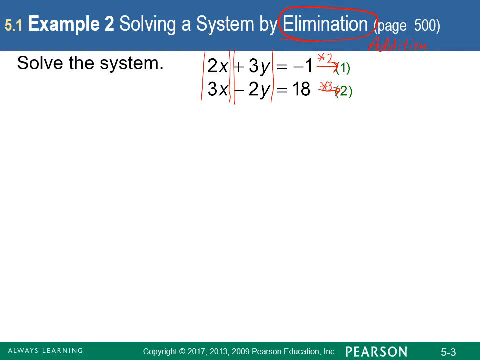So in the top, we'll have 2 times 2x. We'll have 2 times 3y. And we'll have 2 times negative 1. In the bottom, we'll have 3 times 3x. We'll have 3 times negative 2y. And we'll have 3 times 18.